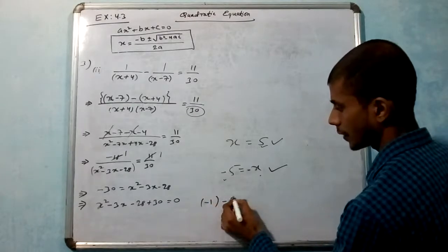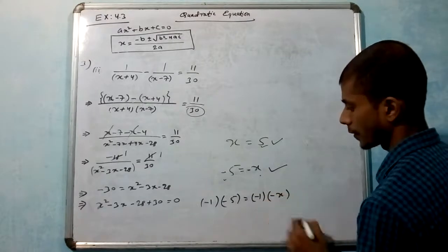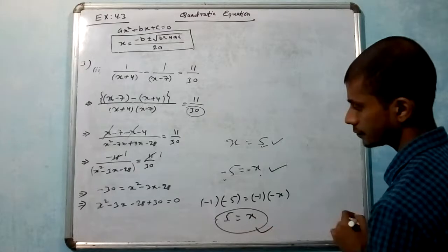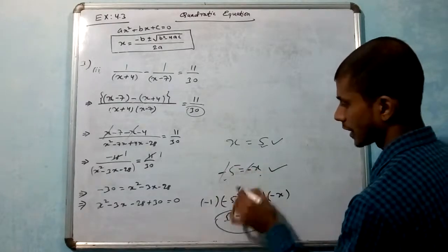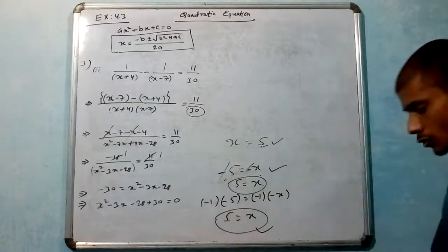Can I multiply with the same value on both the sides? Then 5 is equal to x. So if there is a minus sign on both the sides, we are simply cancelling and writing 5 is equal to x. So nothing to get confused in this.